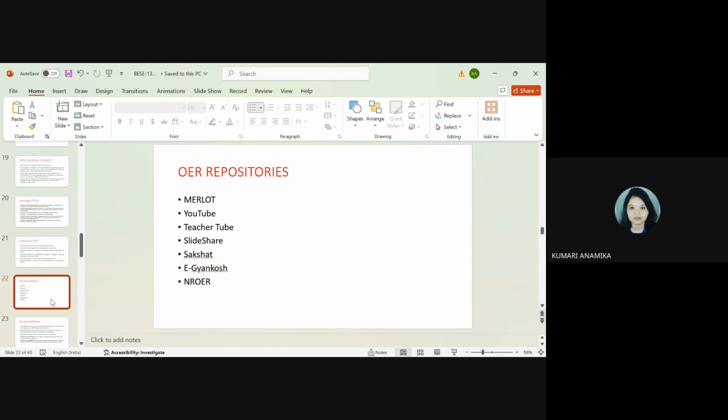The first one is Merlot. Merlot is a OER repository which we can use in our teaching learning process.